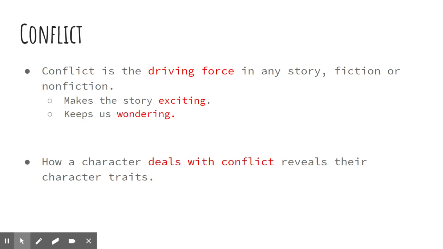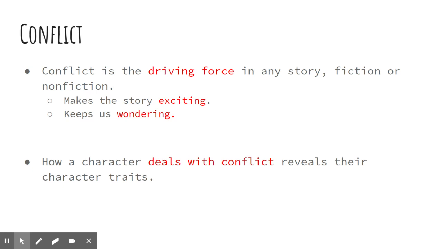For example, if we go back to Rikki Tikki Tavi, one of the conflicts was the cobras that were living in the garden, eating the eggs, and Nag had snuck in through the drain and was attempting to kill the family that lived in the house.